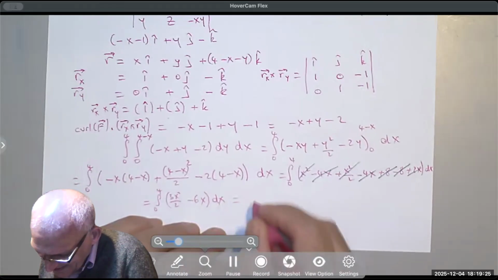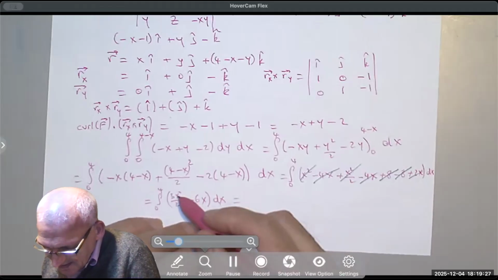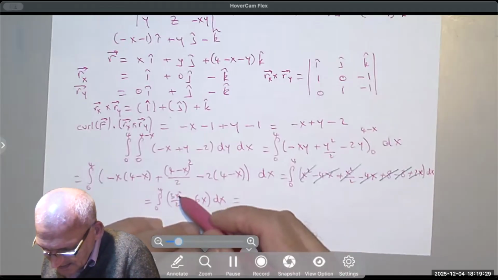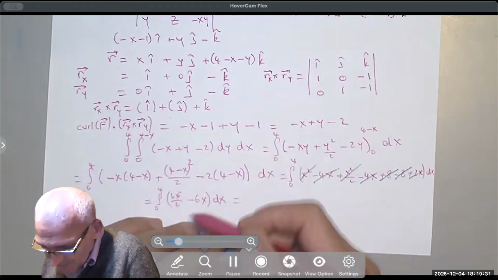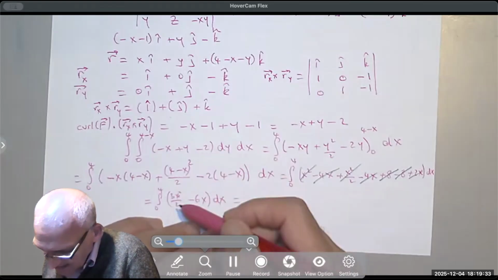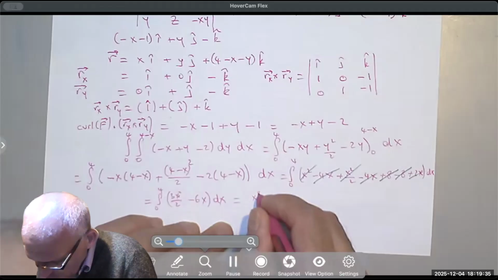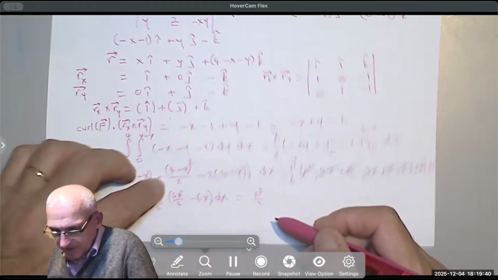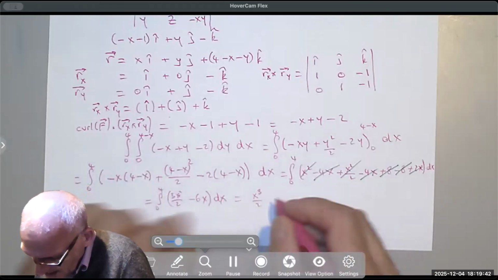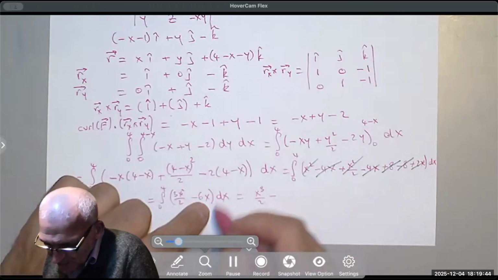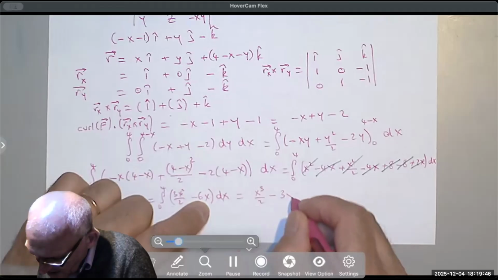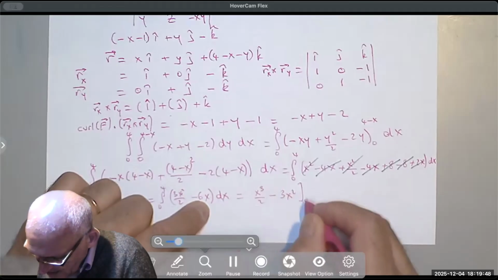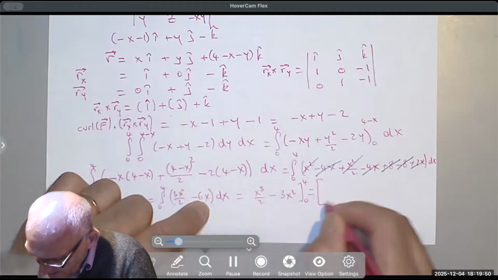So it equals the antiderivative of 3x squared over 2, which is x cubed over 2, since the 3 and the 3 cancel. Minus 6x is negative 3x squared, and this is evaluated from 0 to 4.